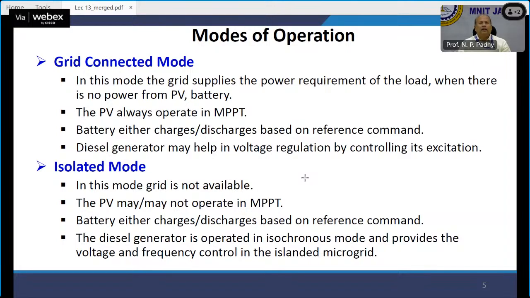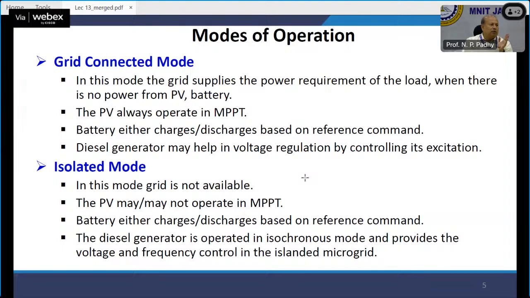In this mode, the grid supplies the power requirement of the load, and there is no power from the PV or battery. We have a battery, a PV, a diesel generator, a grid, and a load. When PV is not there and battery is not there, then the power will come from the grid to the load.